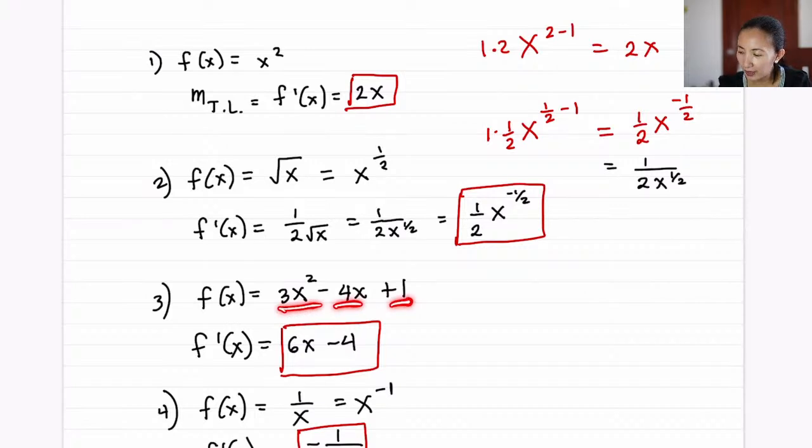Okay? What about this? Sige nga, check nga natin kung yung nakita nyo ay tama. Base, yan, si 3, di ba? 3 times 2 times x raised to 2 minus 1. Minus 4 times 1. Bakit 1? What's the implied power or exponent here? 1, di ba? 1.